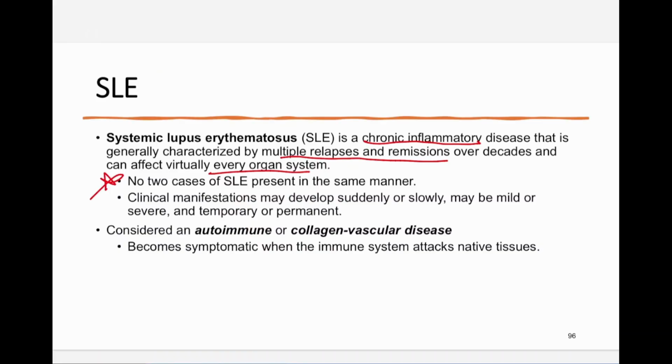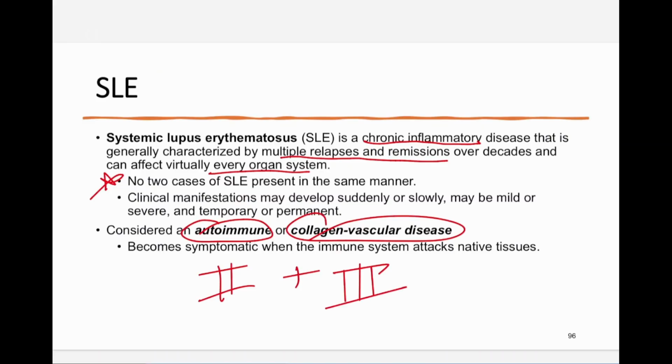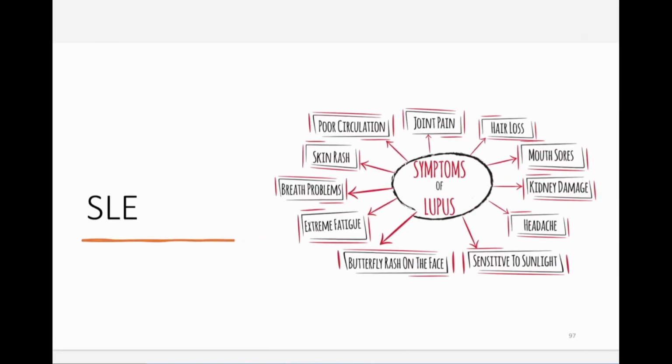And it's considered an autoimmune disease, that's why it's the type 2, or collagen vascular, so it could be type 2 and type 3 hypersensitivity reactions for lupus. So again, symptoms, there's a whole bunch of them because we don't know where these things are going to get lodged.